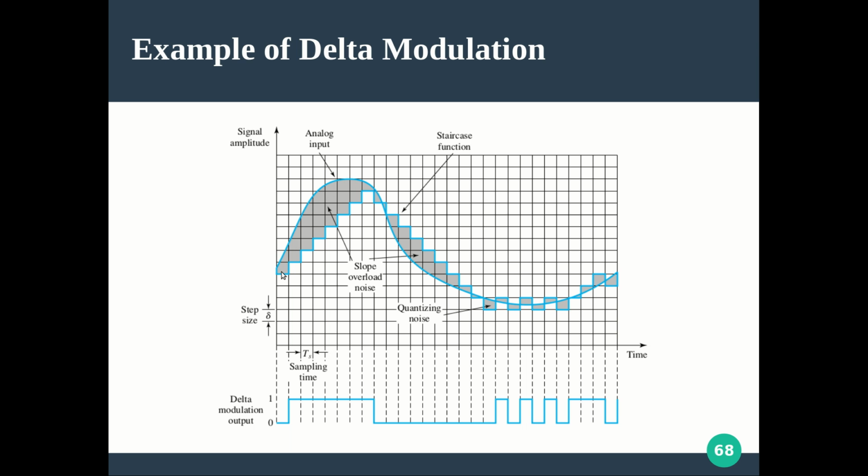Suppose the step size is more, then instead of this point, at this point itself you may be reaching very close to the signal. Suppose you are doubling the step size. Just imagine the staircase function, it will come here. Now it is very close, right? Sampling interval you keep the same, and simply increase the step size, and you will get a much closer staircase function for the signal.